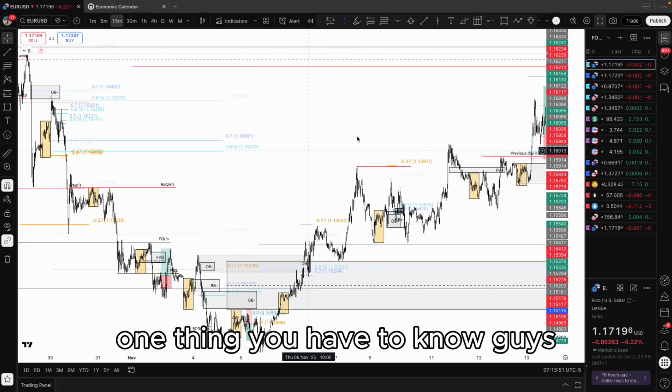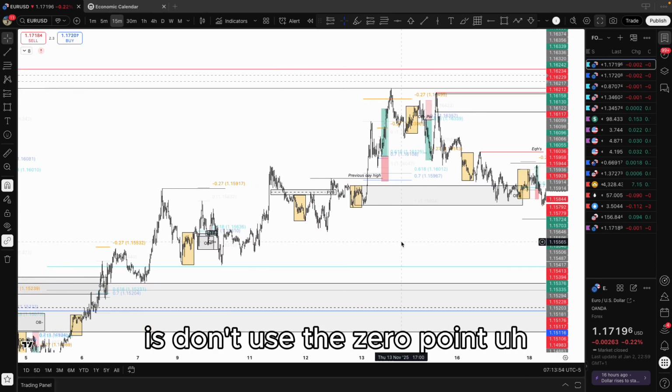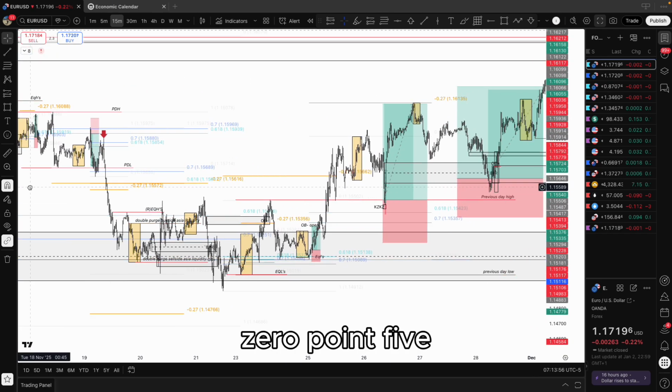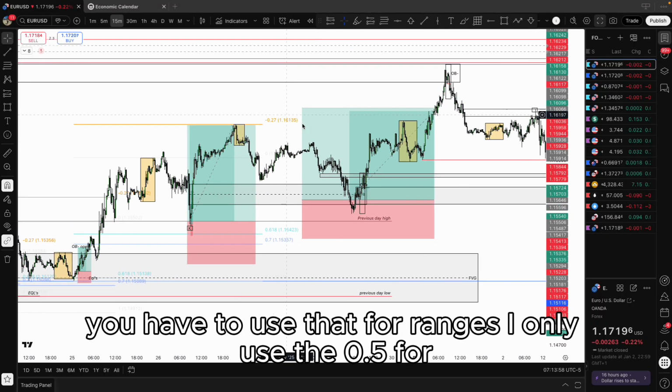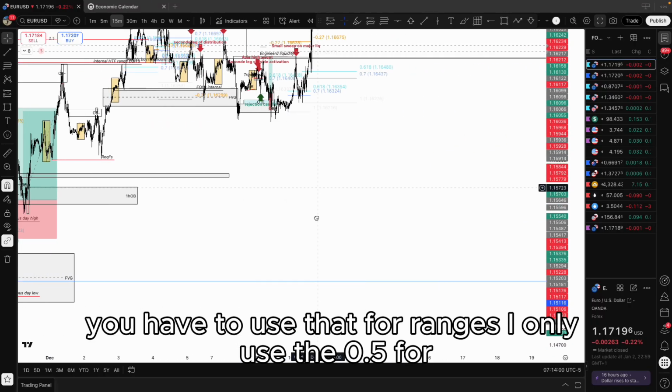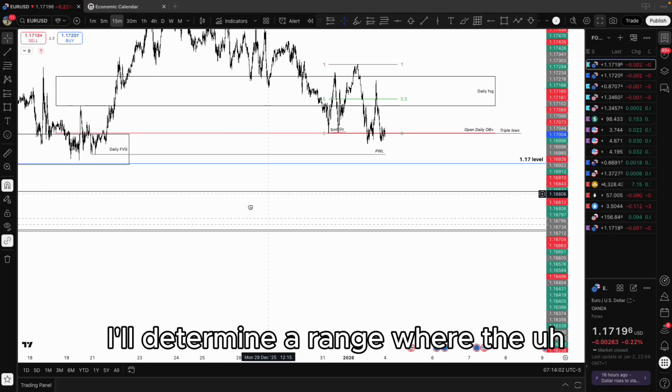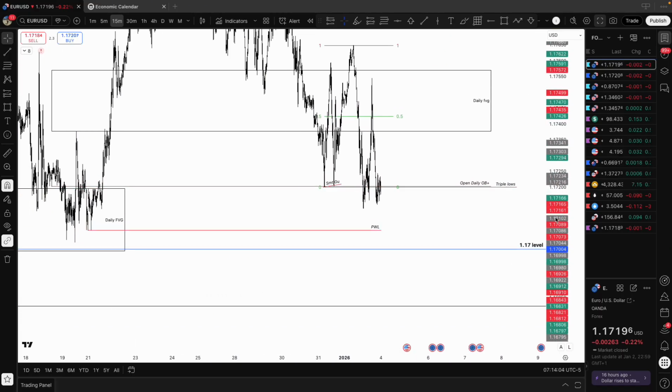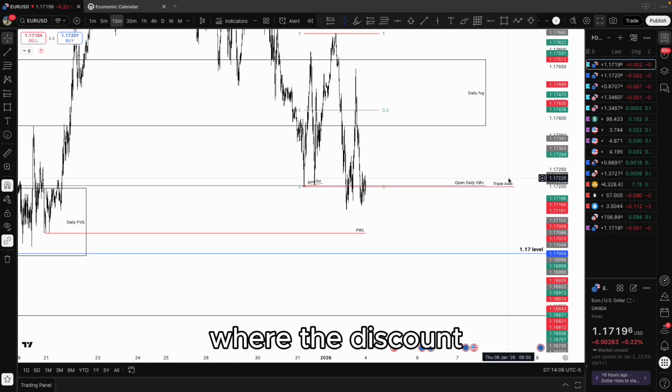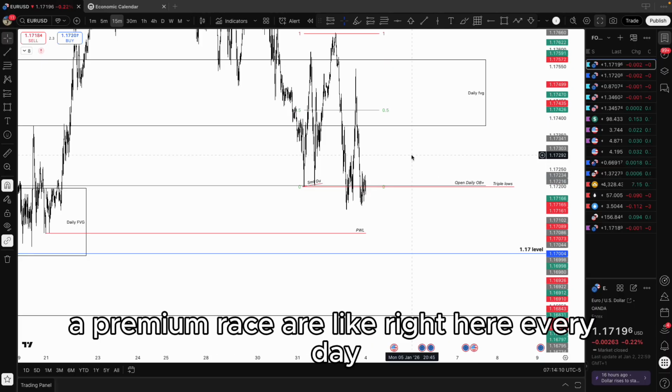One thing you have to know, guys, is don't use the 0.5. You have to use that for ranges. I only use the 0.5 to determine a range where the discount and premium arrays are, like right here, rare day.